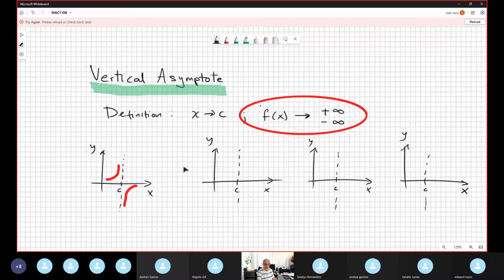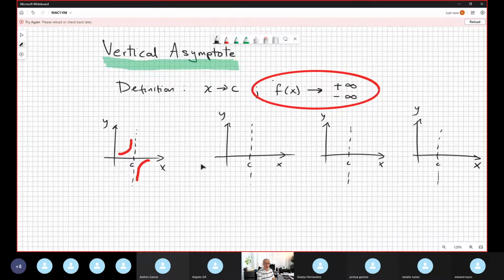In calculus, when you take calculus, you study new tools to analyze this idea, but it's easy. So when x approaches c, maybe we have two possibilities: approach from the left or approach from the right. When x approaches c from the right, in this scenario, the function f approaches positive infinity.